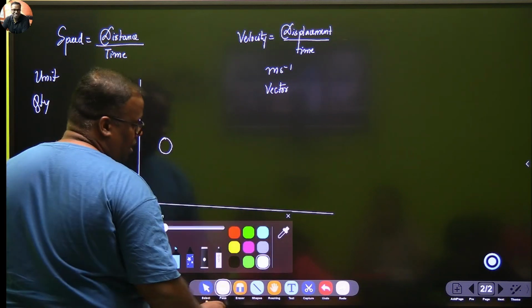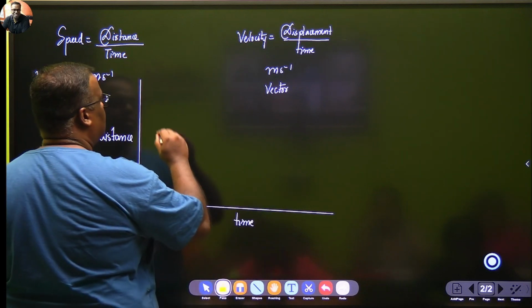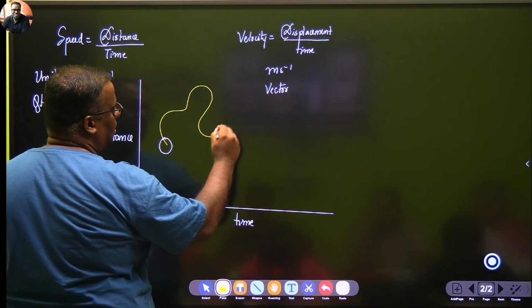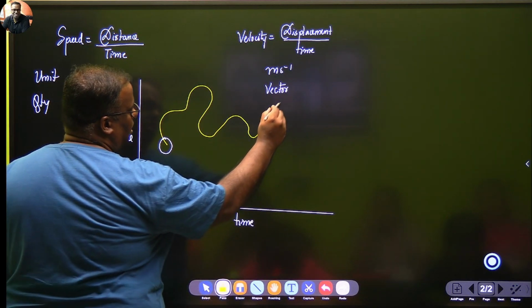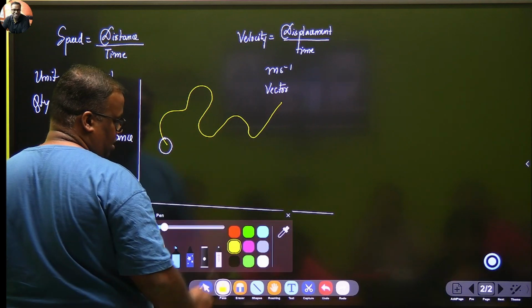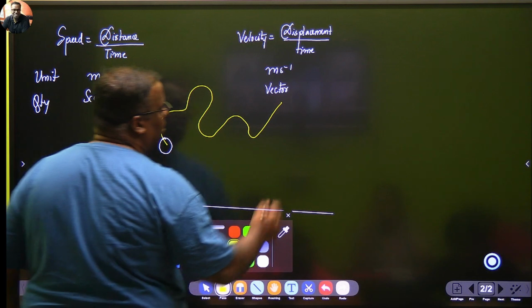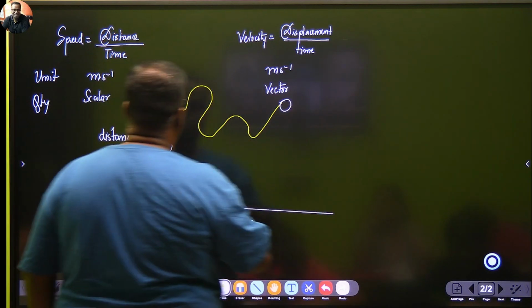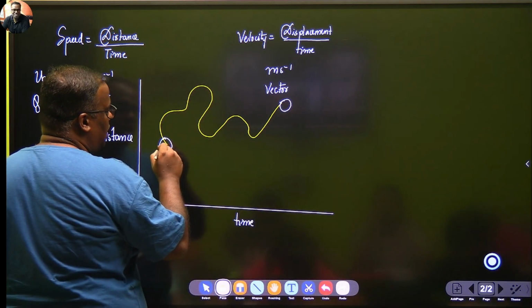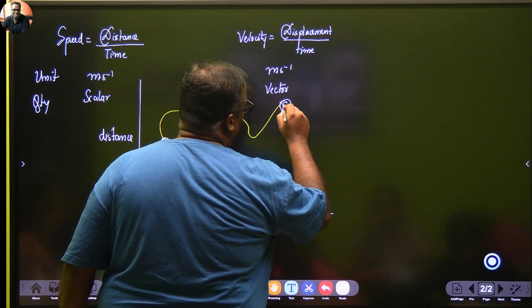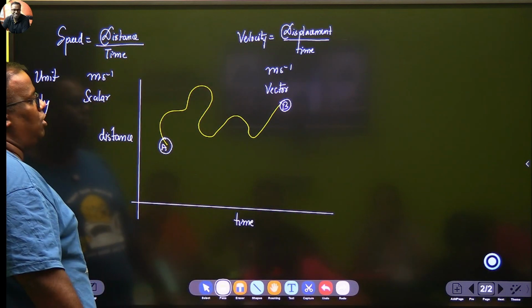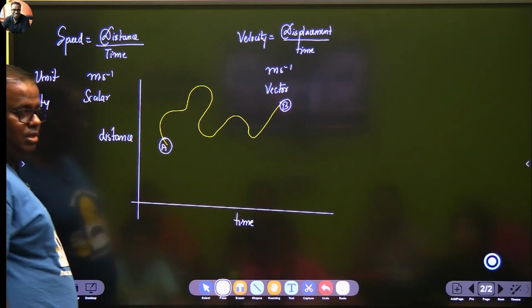My body takes a path and it has reached a point here. So it started from its initial point, say A, and reached a final point B. Okay, it reached a final point B, right?